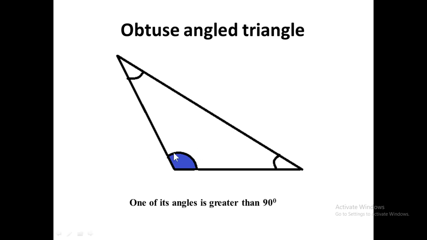As you can see, this colored angle here is more than 90 degrees. If it were 90 degrees, this line would be straight like this, but it's not. That's why this triangle is called an obtuse angled triangle.